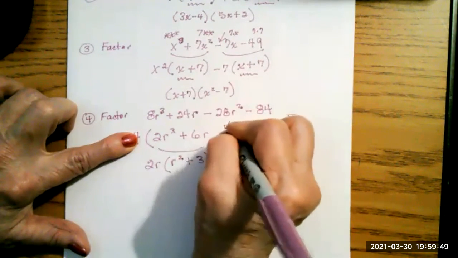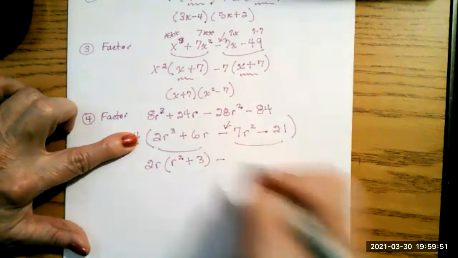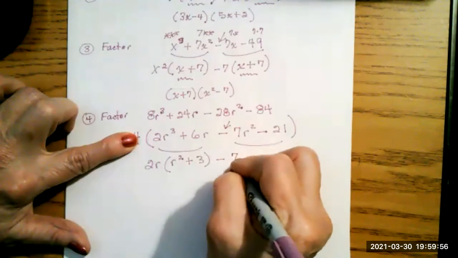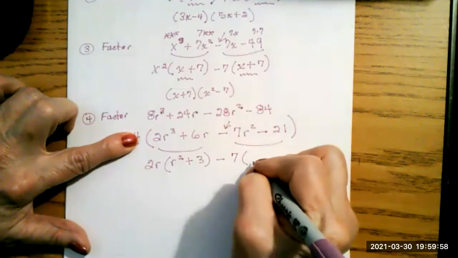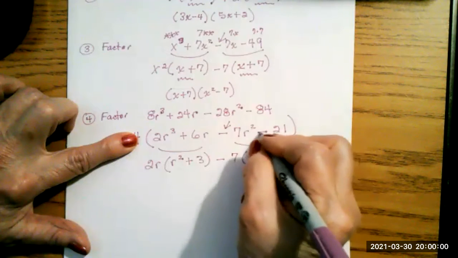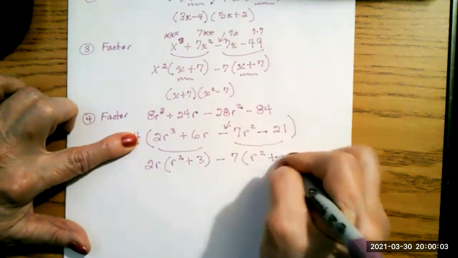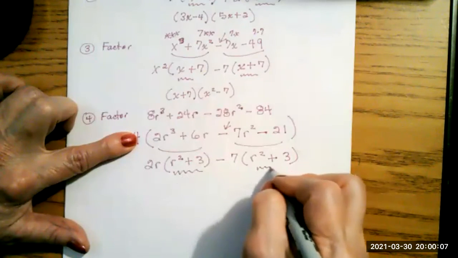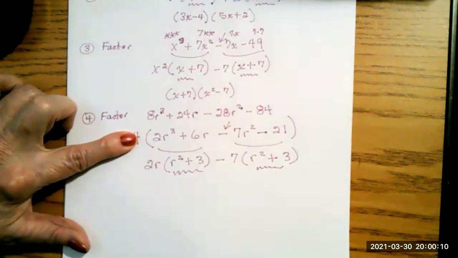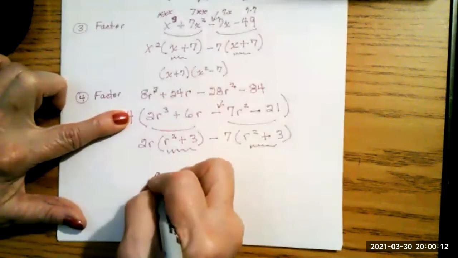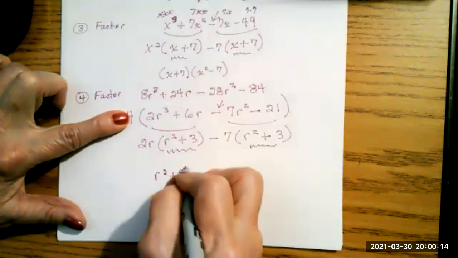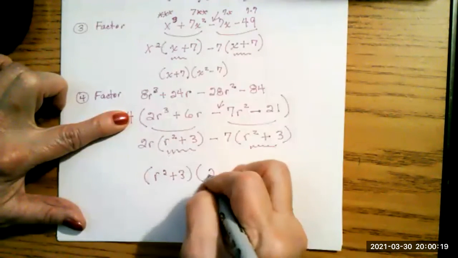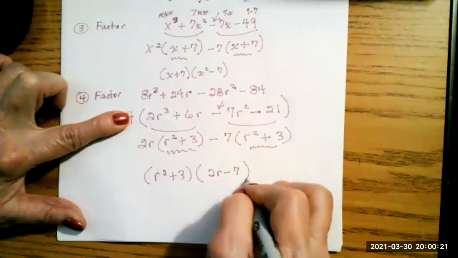My third term is negative, so I've got to take out a negative something. 7 and 21 have a 7 in common. And I have an r squared. The minus comes out and makes that a plus 3. And notice how magically those two little groups are the same. So now I have an r squared plus 3 as one group. That's my little squiggly group. And a 2r minus 7 for my other group.